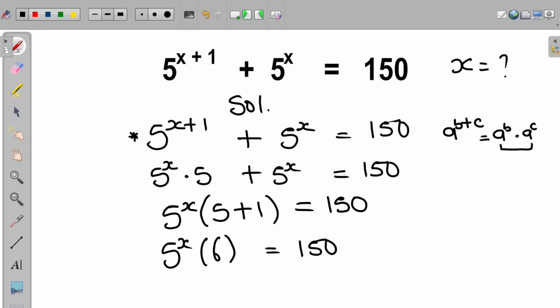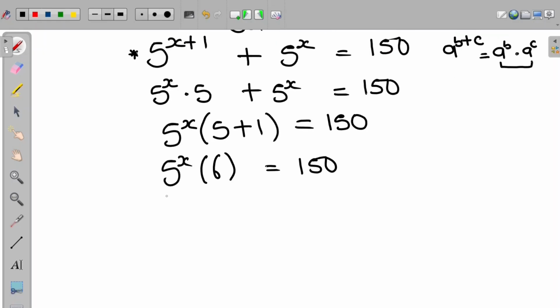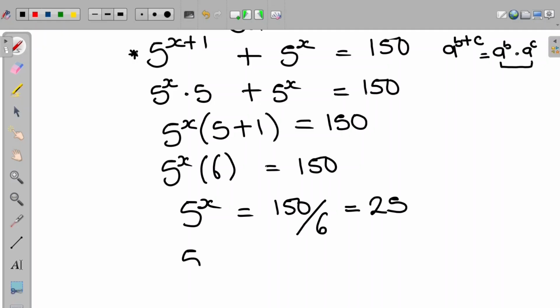If we divide both sides by 6, the equation becomes 5 raised to the power of x equal to 150 divided by 6, which is equal to 25. So we have 5 raised to the power of x is equal to 25.